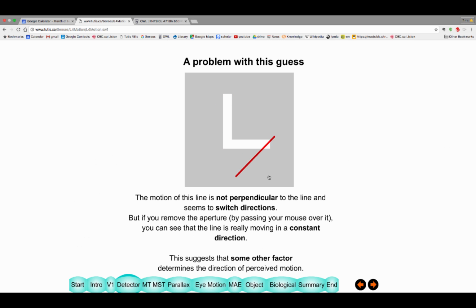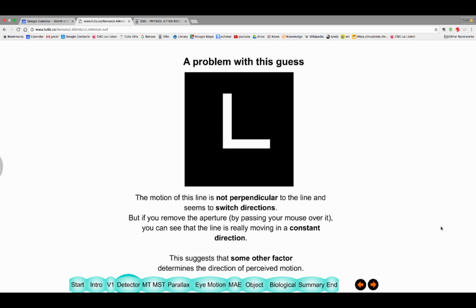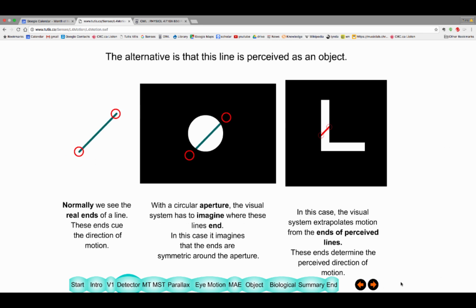So there's another factor that the brain tries to use to decide which way something is going. And that other factor is that it treats this line sort of as an object, and it assumes this line ends someplace. So it makes assumptions about where the line ends. So here it can see the line.